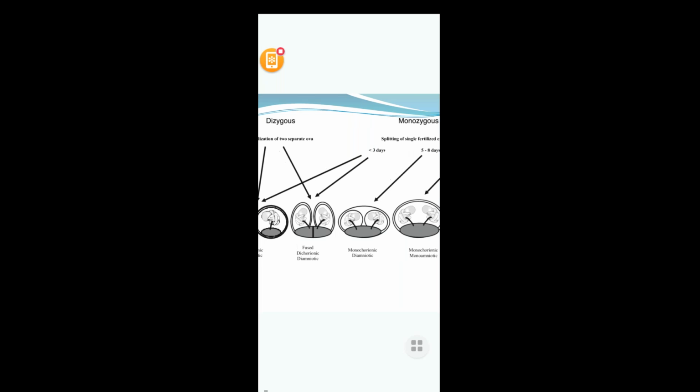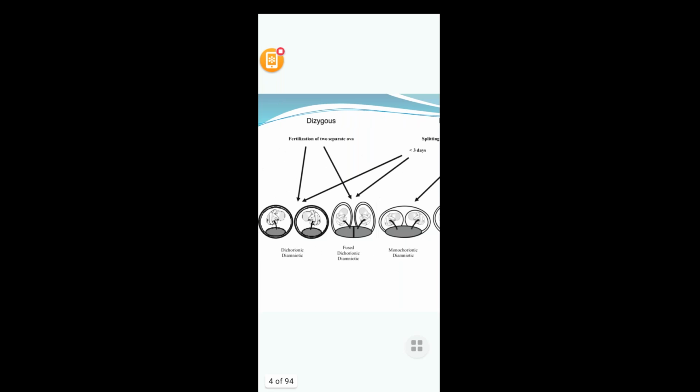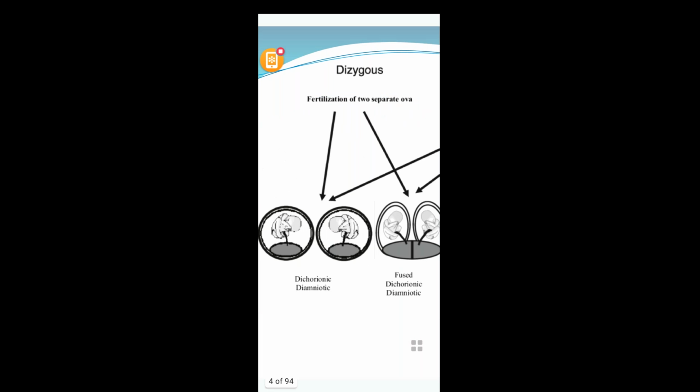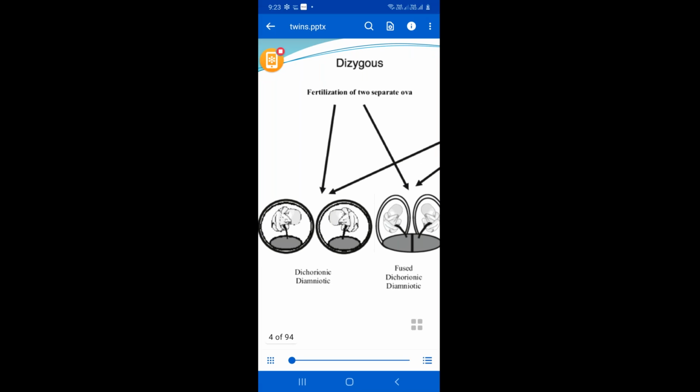Because in dizygous, 2 different ovums are fertilized by 2 different sperms, and they become fertilized ova, then blastocysts, which get implanted in the womb. Thus they will have different chorionicity and different amnionicity, that means 2 different placentas and 2 different sacs.